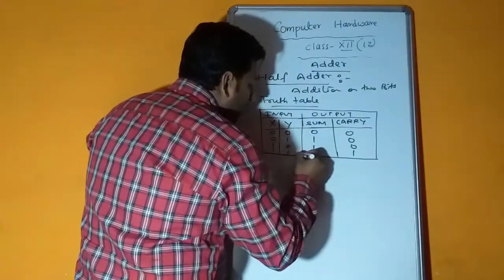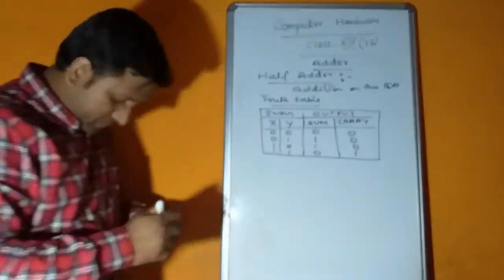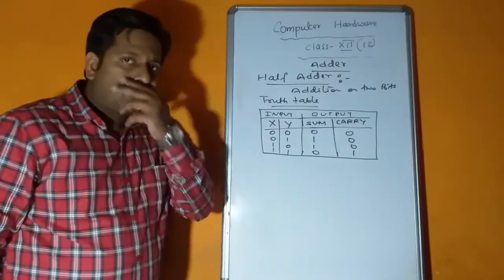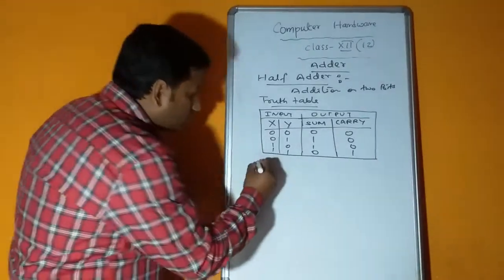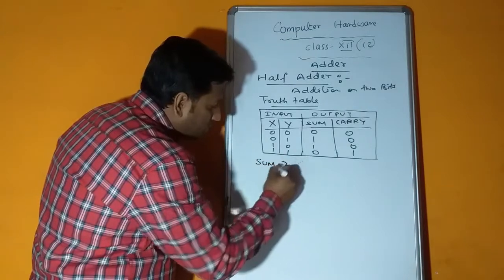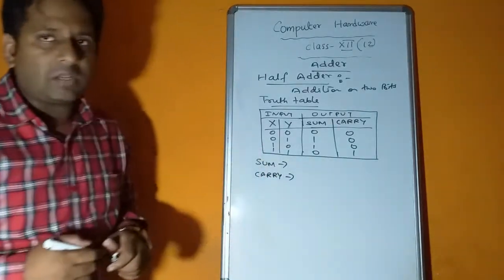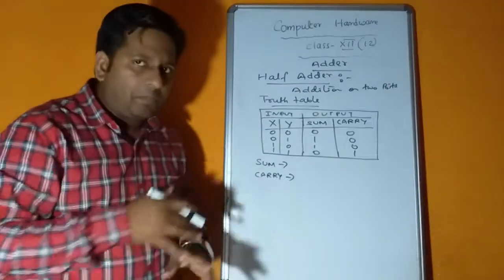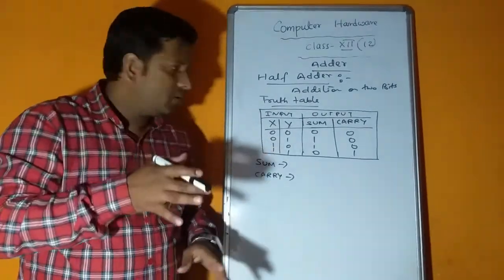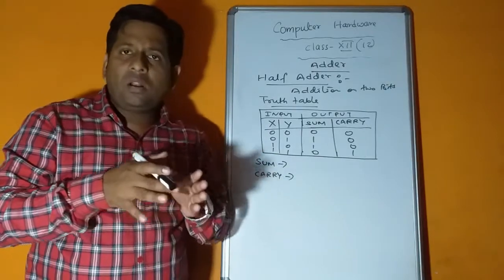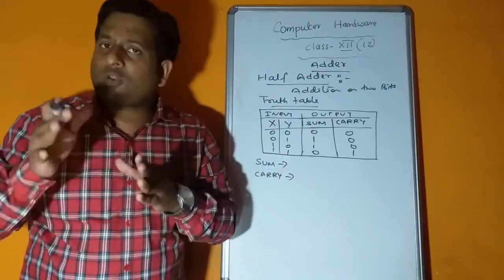Okay. So now from here we'll take out the sum part and carry part separately. When you take out the sum and carry part separately, you just have to check the variable as 1, because 1 is for on bit.